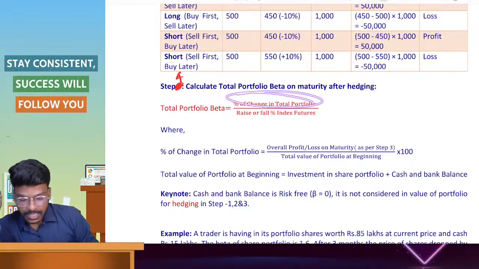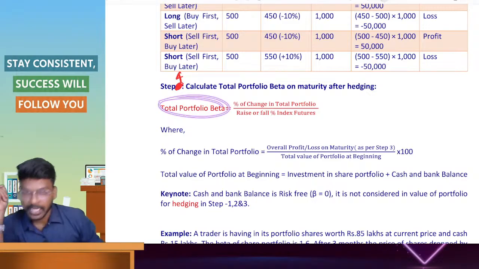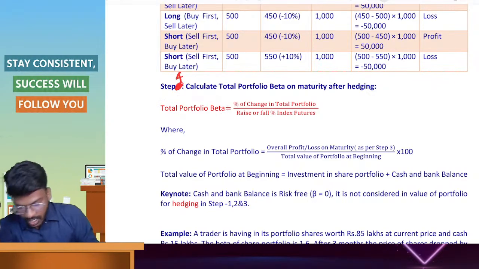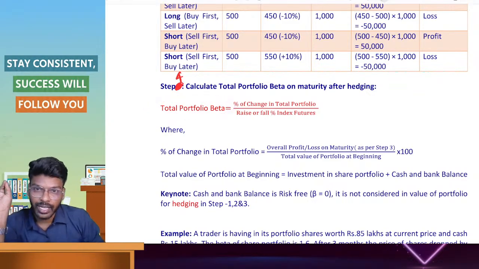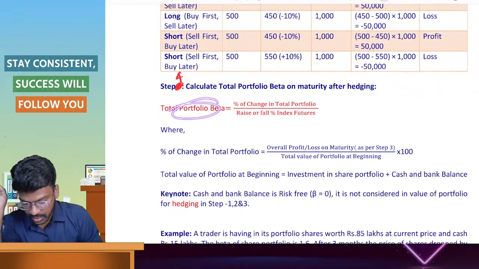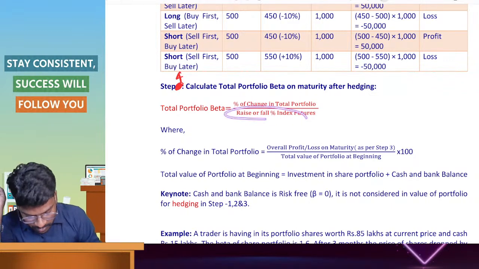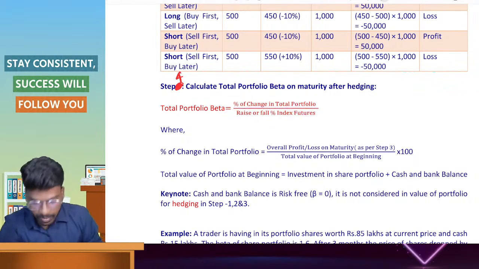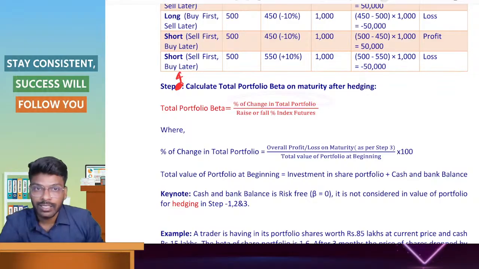The change percentage divided by rise or fall percentage will give you the beta value. If total beta value is not given in the question, you have to compute this. You can multiply it with this index future. You will get a percentage of change in total portfolio as a balancing figure.